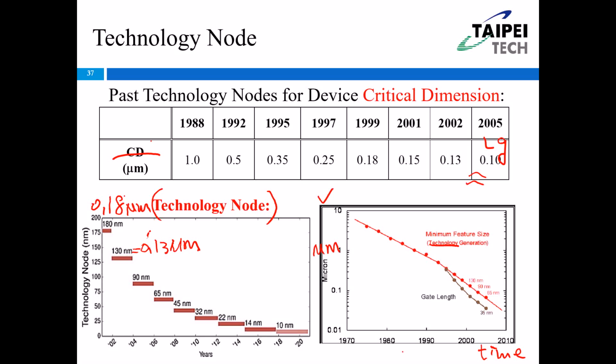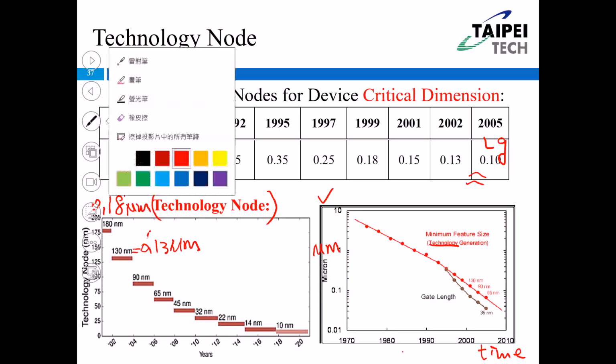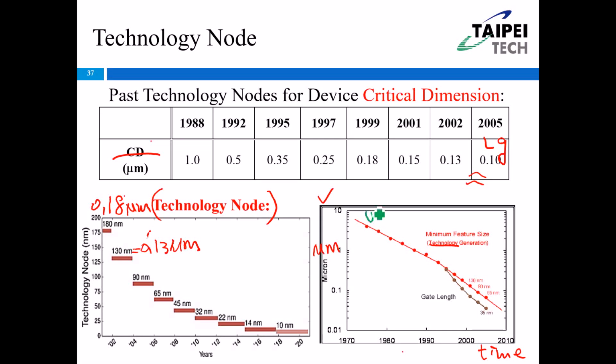For the first stage, you see the gate length is the same as the technology node.